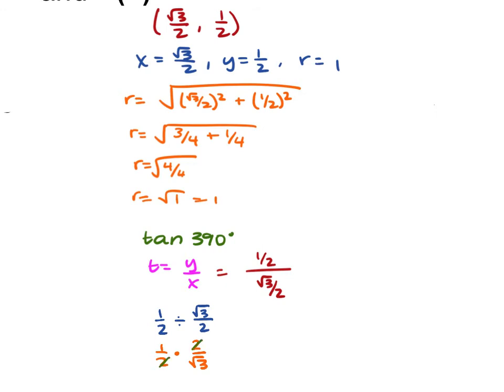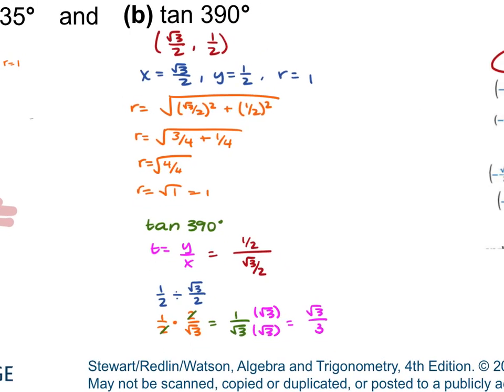Those 2's simplify, so it gives us 1 over the square root of 3. We rationalize that denominator, and we get the square root of 3 over 3. So the tangent of 390 degrees is the square root of 3 over 3.